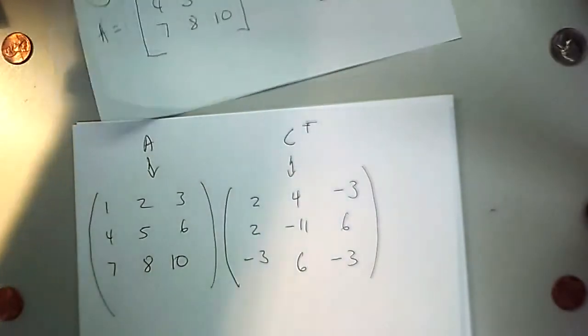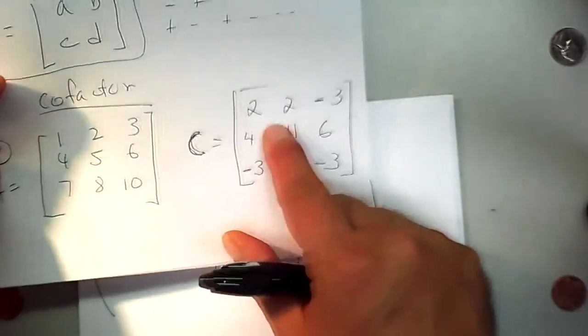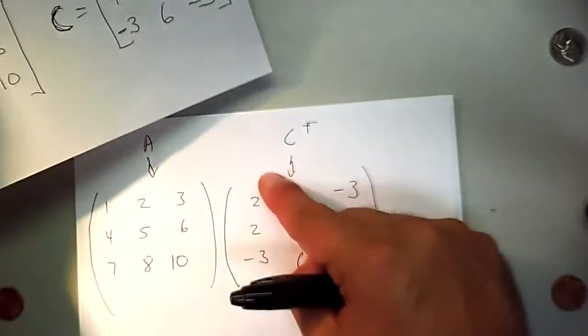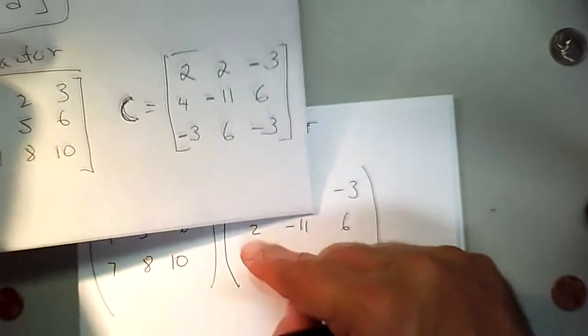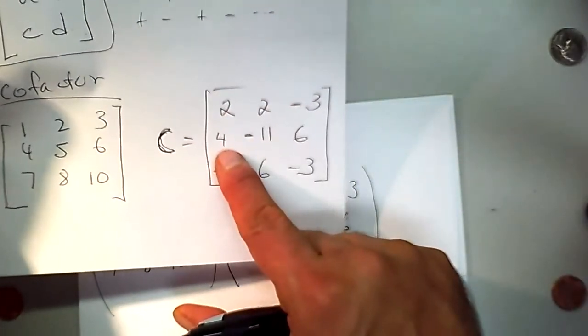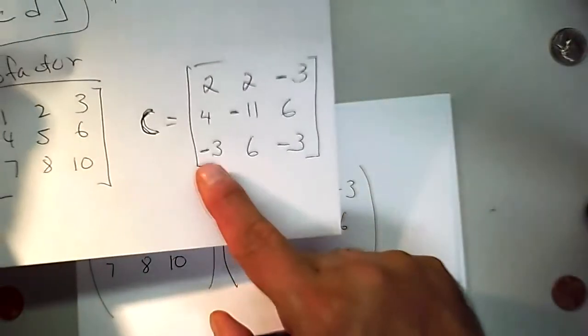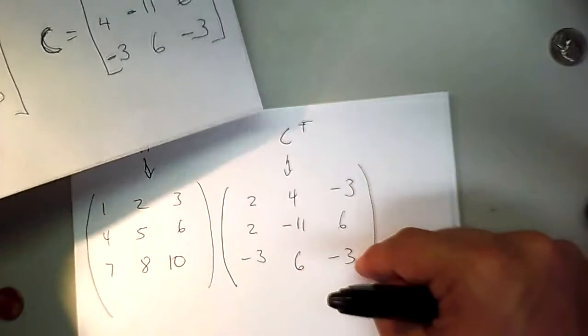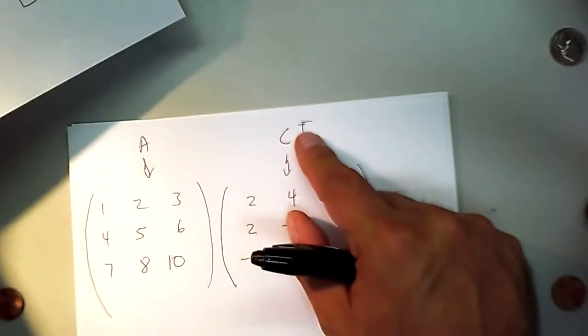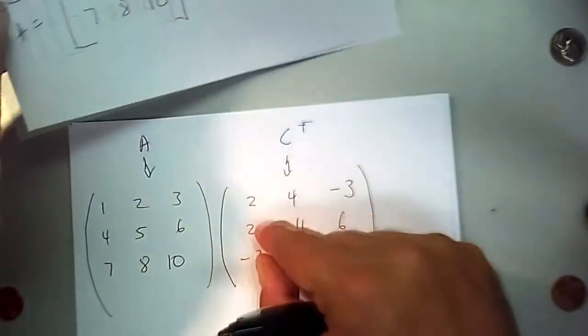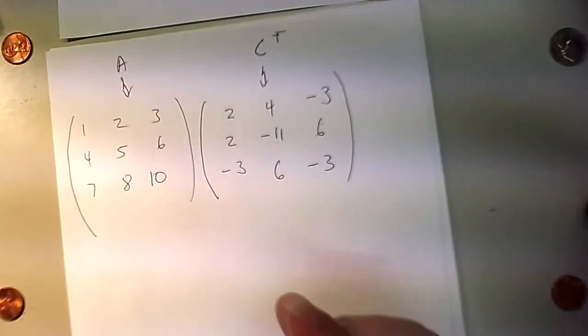So again, we took the cofactor matrix row 2, 2, negative 3, and made it a column, the first row. Second row, 4, negative 11, 6, and negative 3, 6, negative 3. So that is the transpose, times the original matrix A. Let's multiply and see what we get.